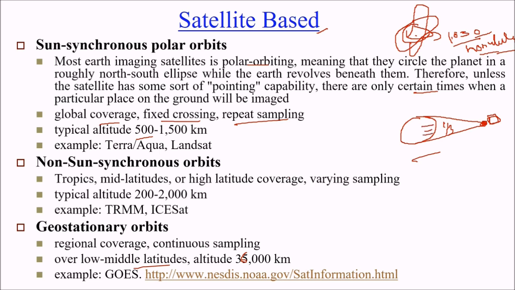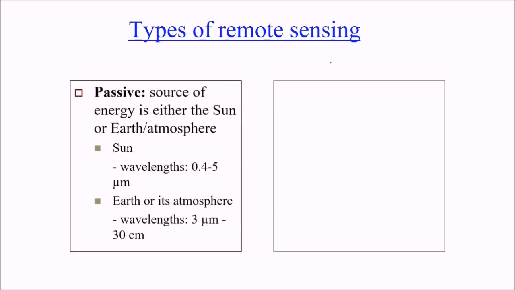You would need around 3 geostationary satellites if you want to cover the complete globe. But still, the polar areas will be left somewhat unsensed. So there are two types of remote sensing.